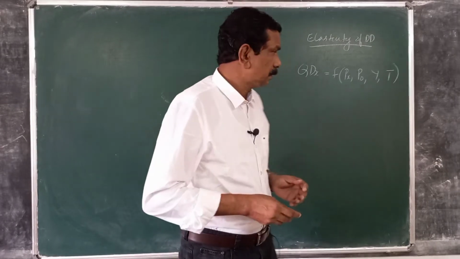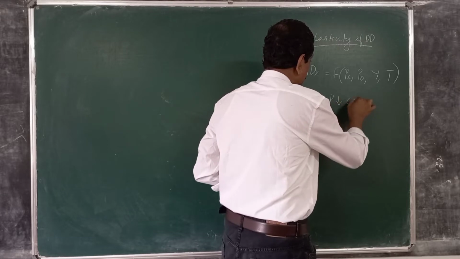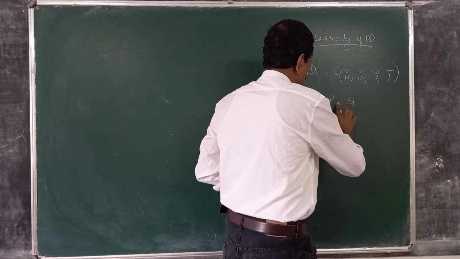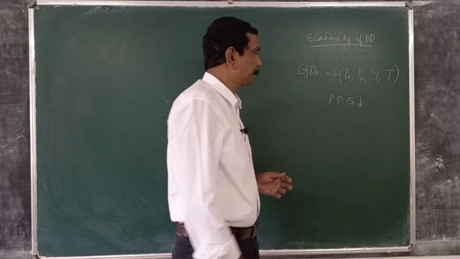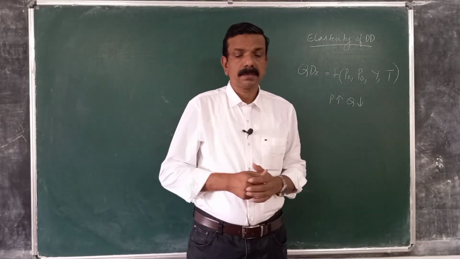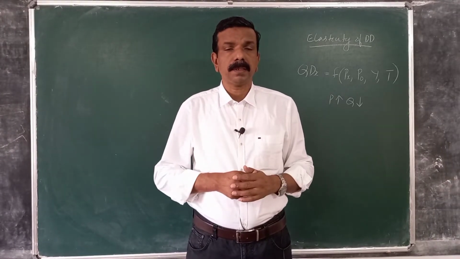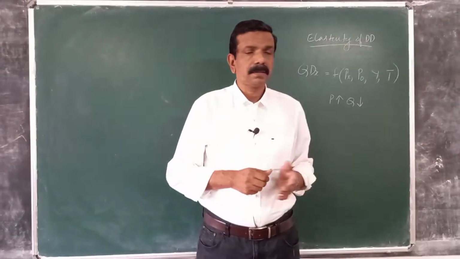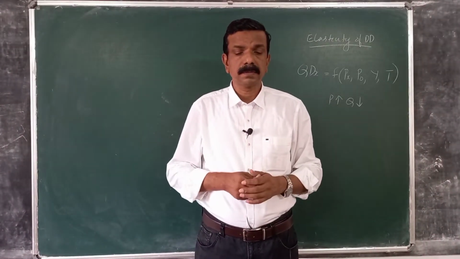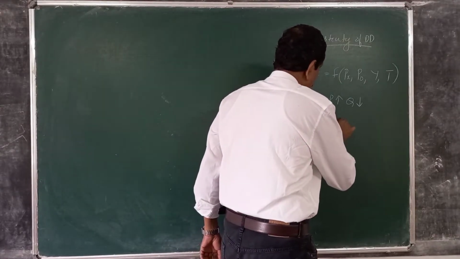For example, the law of demand states that as price increases, quantity demanded decreases. There is an inverse relationship between price and quantity demanded. But this law of demand will not tell us the magnitude of this decline.